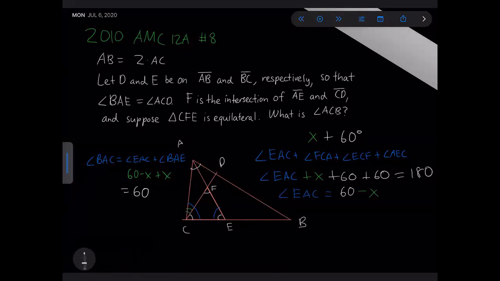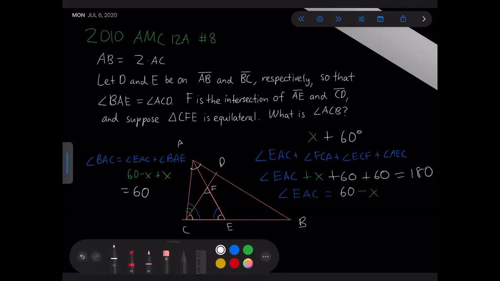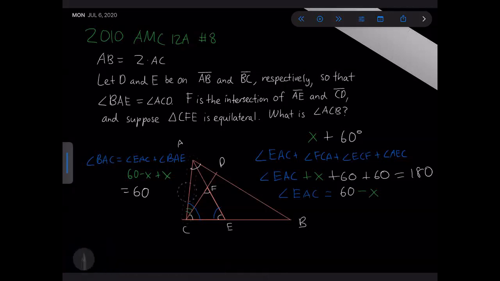Now, if we look at the information that we've used, we've left out something very critical. We have not used the fact that AB is equal to 2 times AC. However, we know that this is, let's call it A, this is 2A, and we know the angle in between. This is an SAS triangle.